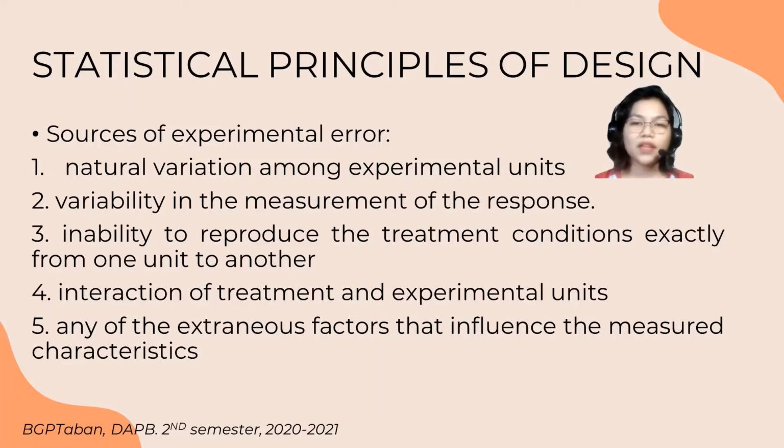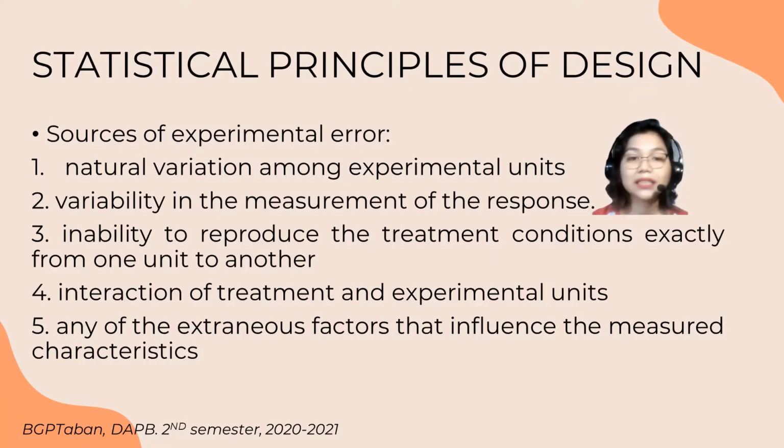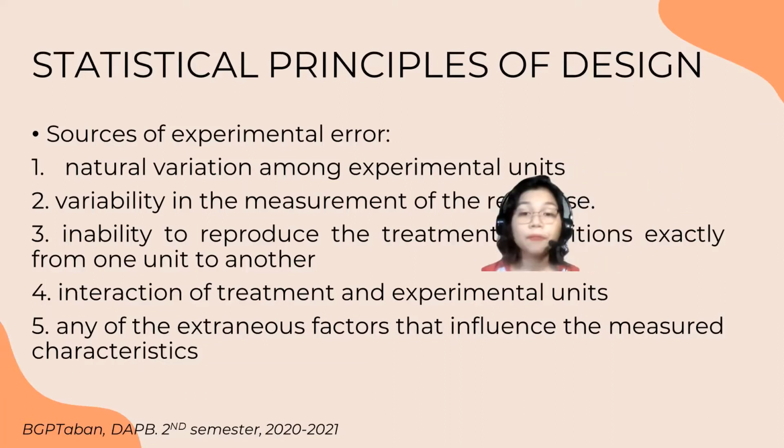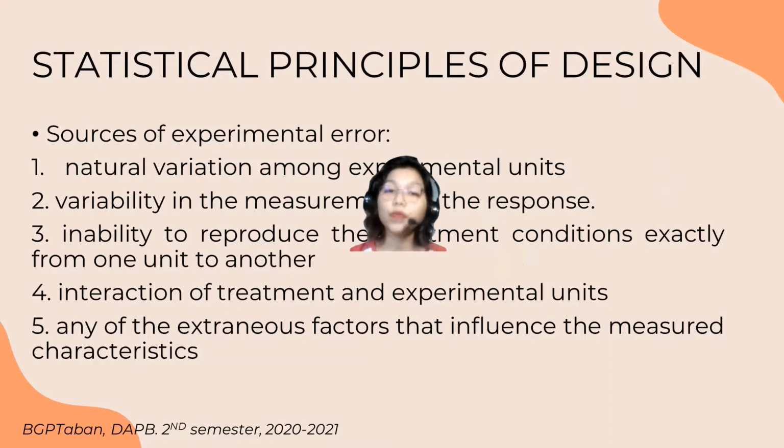It could be due to the genetic, inherent capacity of the plant or the animals, or other features that are really innate in that specific experimental unit. Second one is variability in the measurement of the response. Third one is inability to reproduce the treatment conditions exactly from one unit to another.